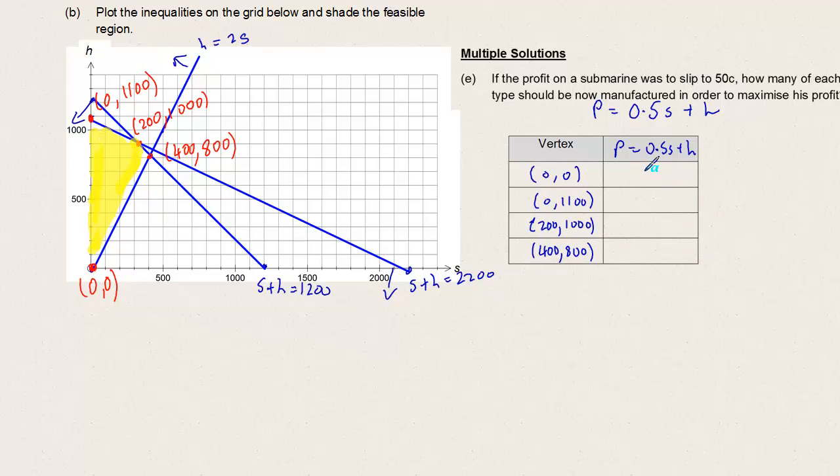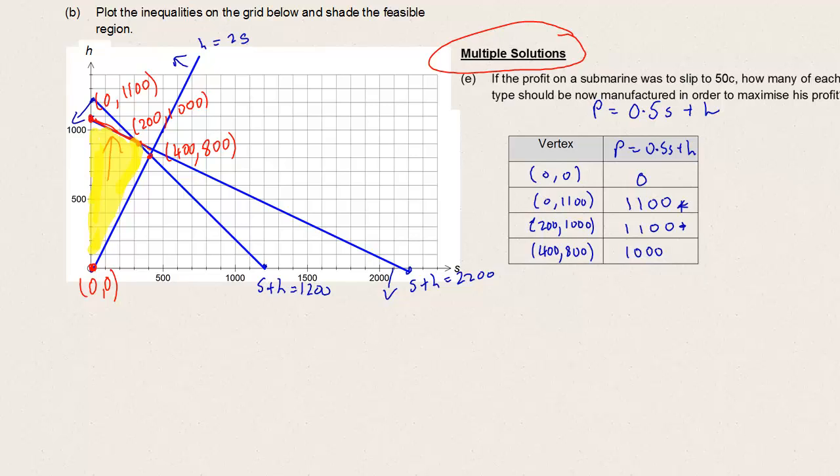Okay, so doing that, this one is obviously going to be 0, then 1,100, 1,100, and this one is 1,000. So these are the same. Now, note that these lie on this boundary just here of the region. So in actual fact, we'll get that same value at any integer valued points along this line. So that means that we have multiple solutions.